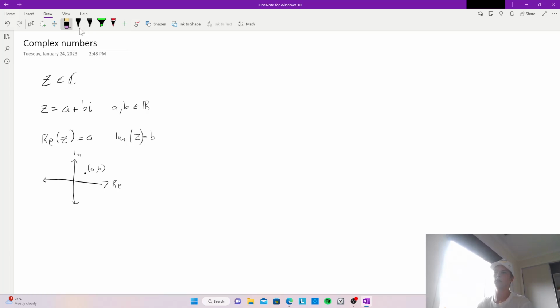So a complex number is sketched on a graph that looks something like this. But now we're just going to go over the basics of how to add, subtract, divide, and multiply, which is also relatively simple.